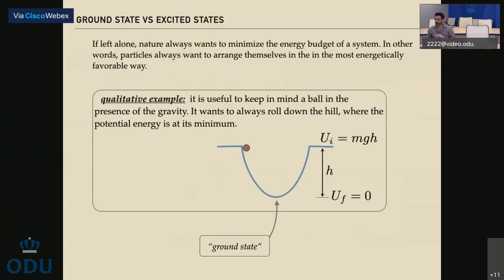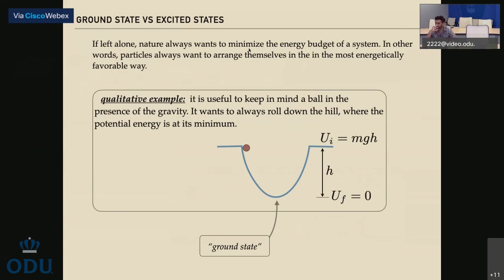And so the next concept that we have to introduce is the idea of a ground state versus an excited state. And the ground state is basically the configuration of the system that we're considering. In general, nature, if it's left alone, wants to minimize the energy budget of a system.